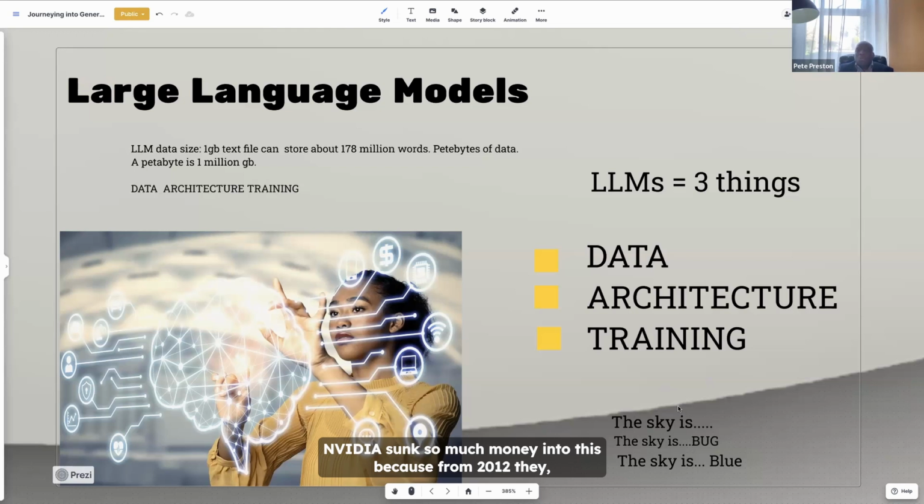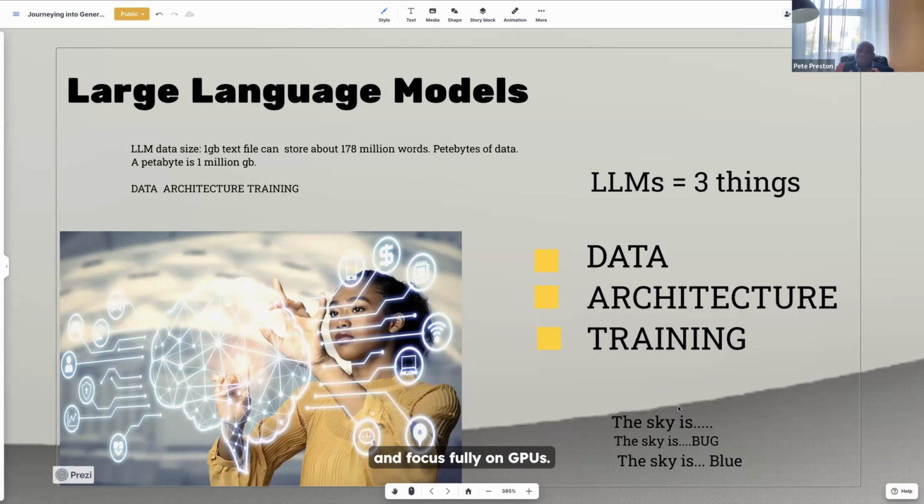NVIDIA sunk so much money into this because from 2012, they saw the capabilities of the LLMs and they wanted to go all in for autonomous vehicles. So they put everything they had, they changed their business model and focused fully on GPUs.